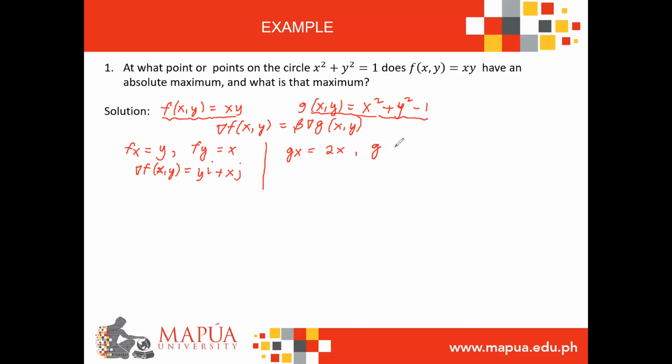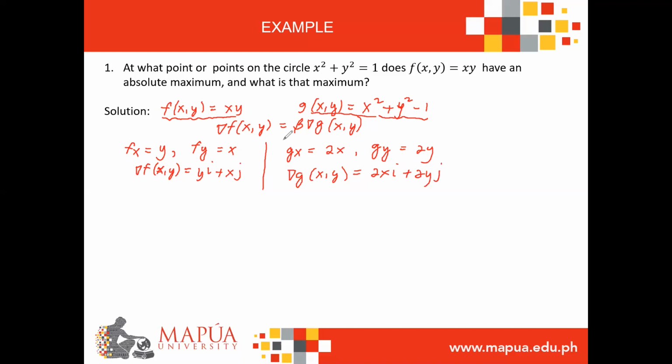Then the partial derivative of g with respect to y: this time x is considered constant, so its derivative is 0. Here we have 2y, and negative 1 has derivative 0 because it is constant. So gradient g of xy is equal to 2xi plus 2yj.